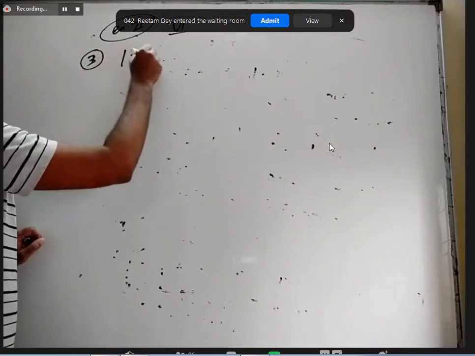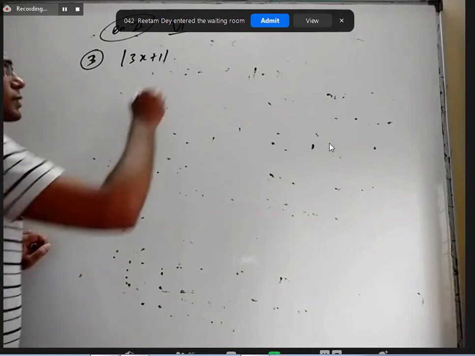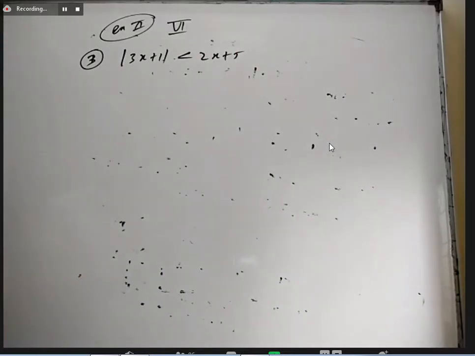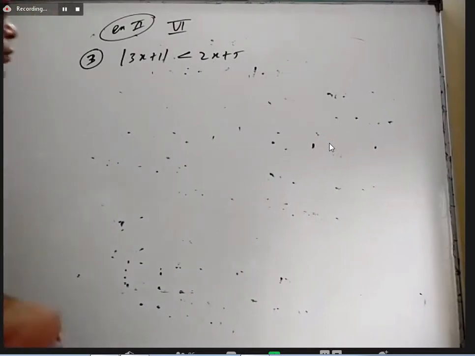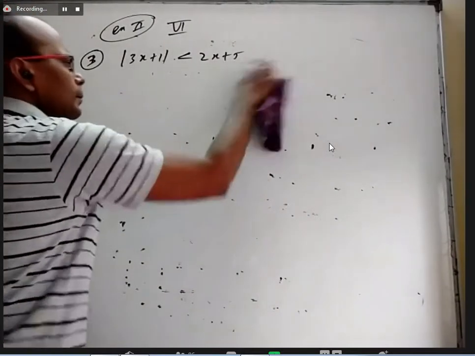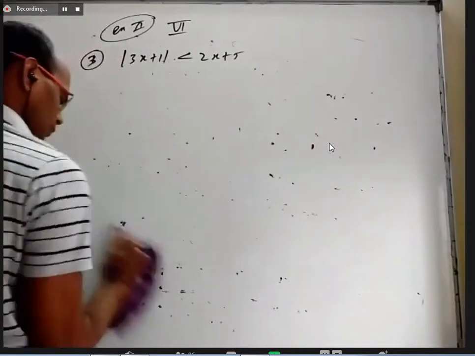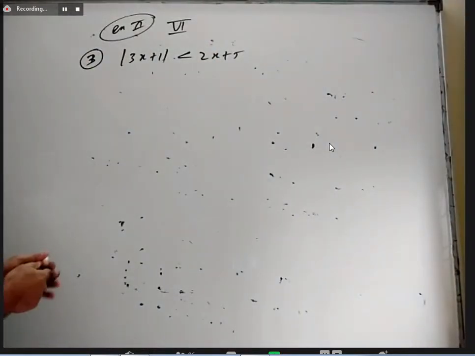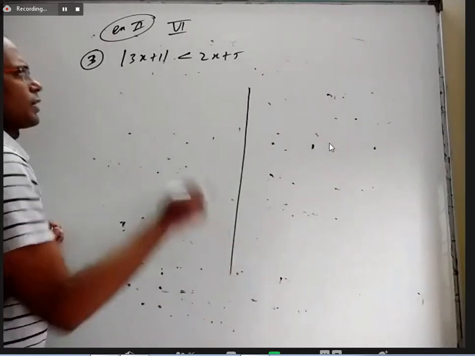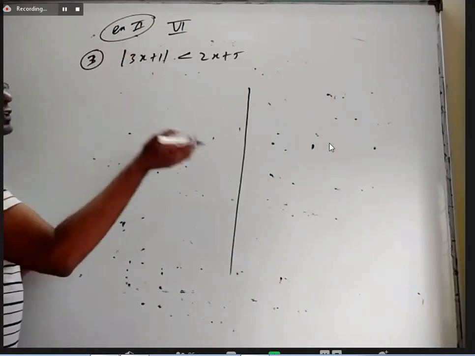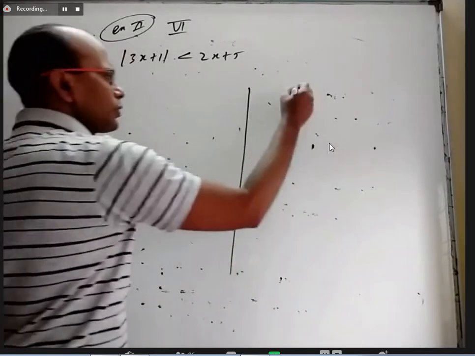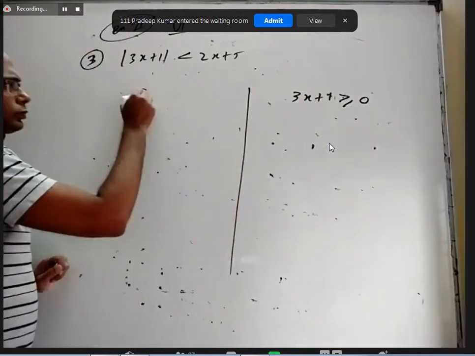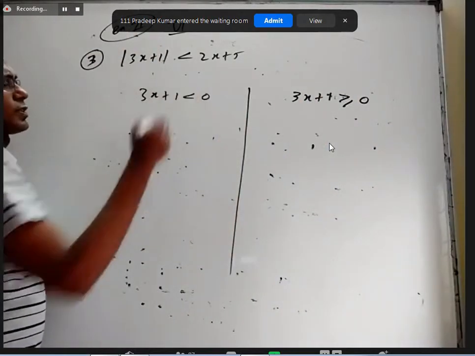Mod 3x plus 1 less than 2x plus 5. So basically, should I write this as 3x plus 1 or minus of 3x plus 1? Depends on whether it is positive or negative. So I have to take the case 3x plus 1 greater than or equal to 0, and 3x plus 1 less than 0.